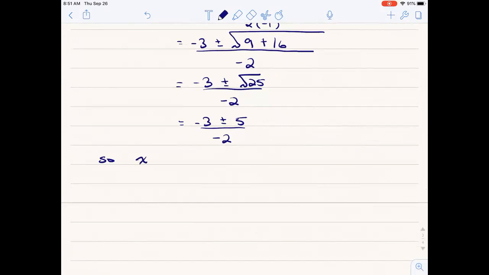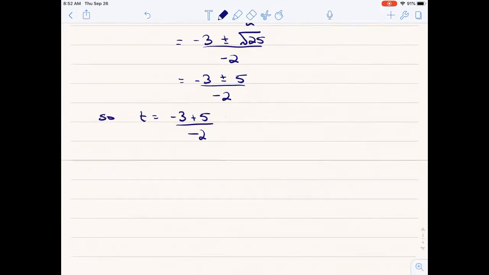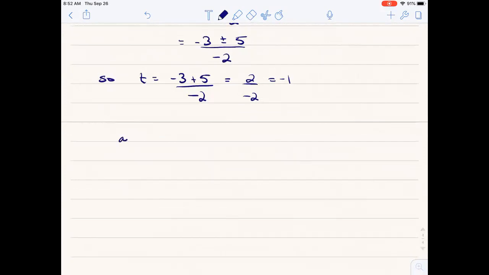So t is going to be -3 plus 5 over -2, which is 2 over -2, which is -1. And t is -3 minus 5 over -2, which is -8 over -2, which is 4.